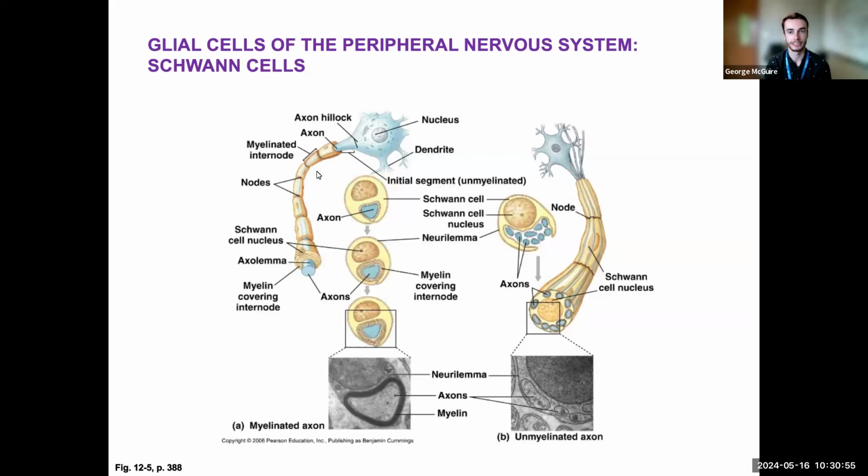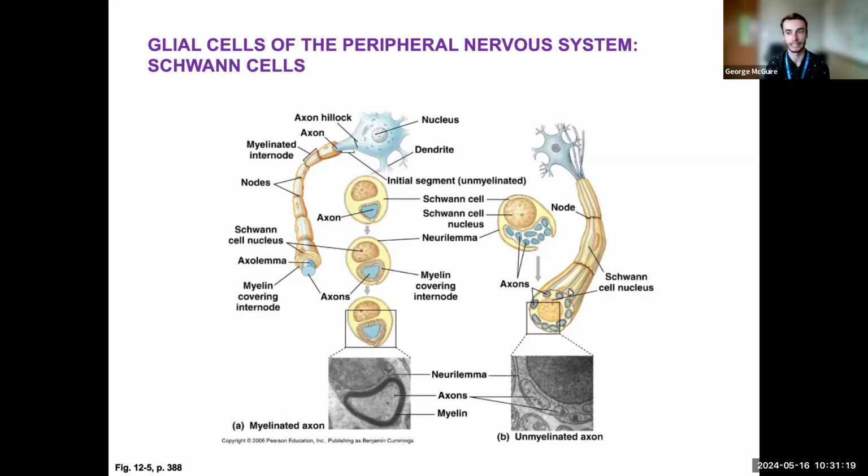So when you have it organized this way with one Schwann cell on one segment of one neuron, that is a myelinated axon of the periphery. But then we also have Schwann cells that can have multiple axons around them, and these are typically for much thinner axons in diameter, so smaller neurons with a much thinner diameter axon, and these are considered unmyelinated axons.